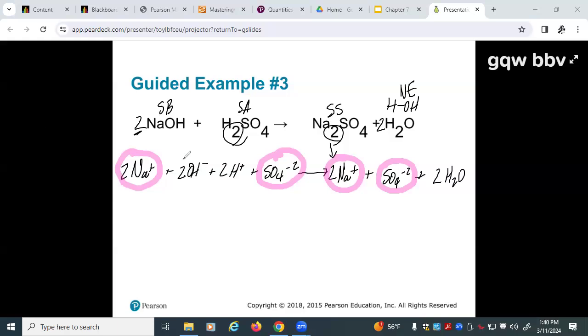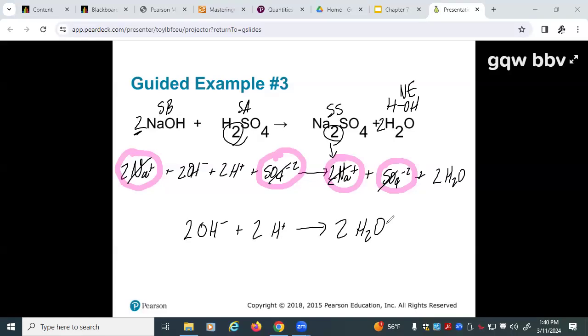So turn this into a net. I take out the spectators. It's hydroxide plus hydrogen makes water. So if you write it like this, that's perfectly fine.